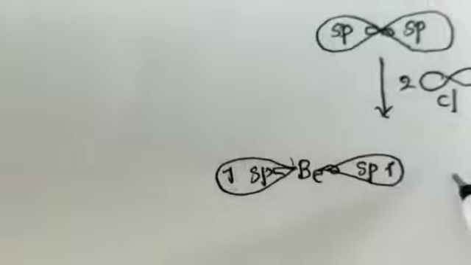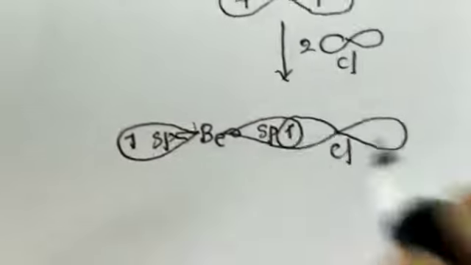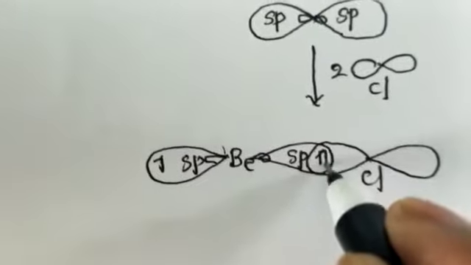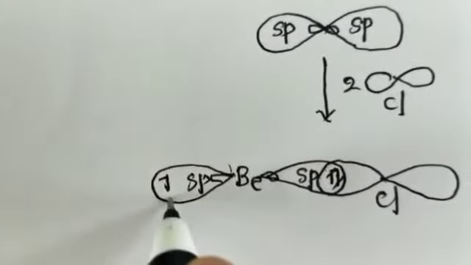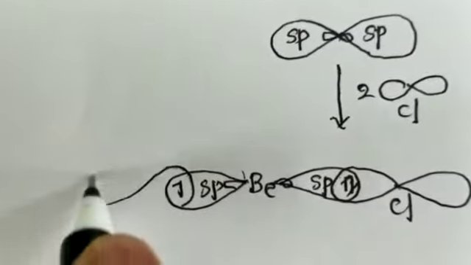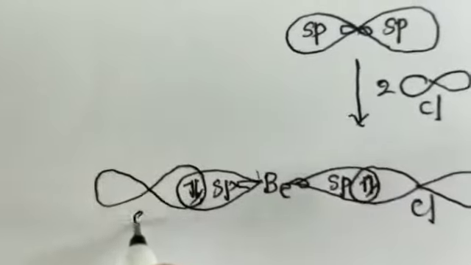These sp hybridized orbitals overlap with the chlorine atoms. Does the chlorine atom have any electrons? One electron. Here also, one electron, in the other chlorine atom.